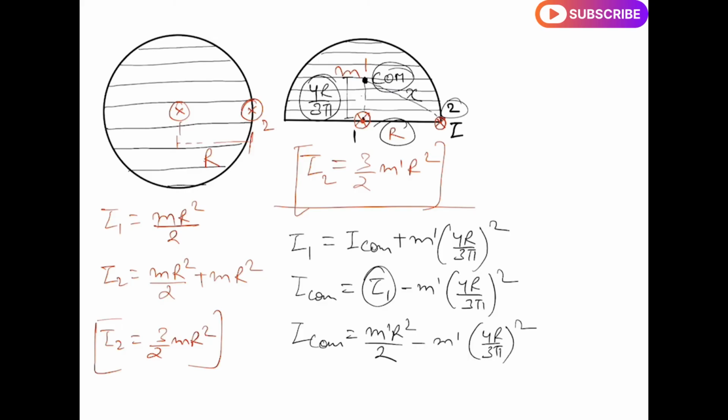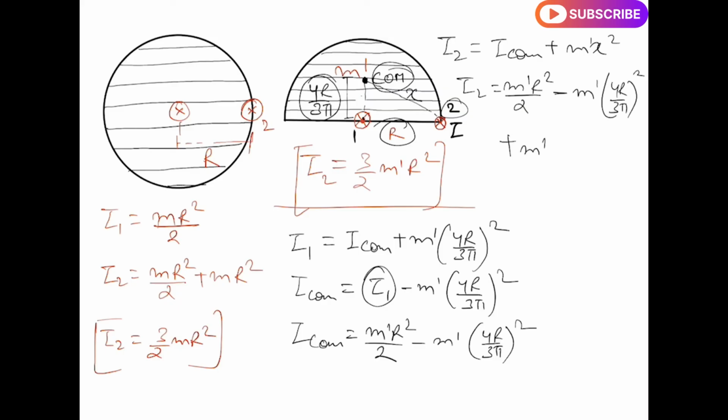So now let us find out the moment of inertia about I2. I2 would be equal to ICOM plus m dash x square. So I2 would be equal to ICOM, which is m dash r square by 2 minus m dash into (4r by 3 pi) whole square, plus m dash x square, where x square is equal to r square plus (4r by 3 pi) whole square.